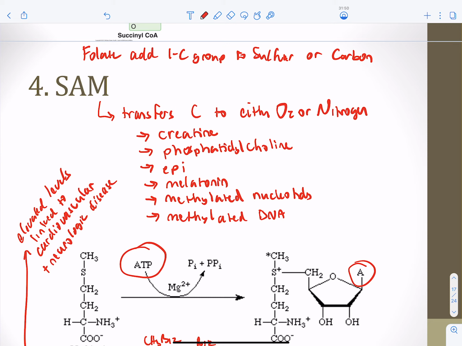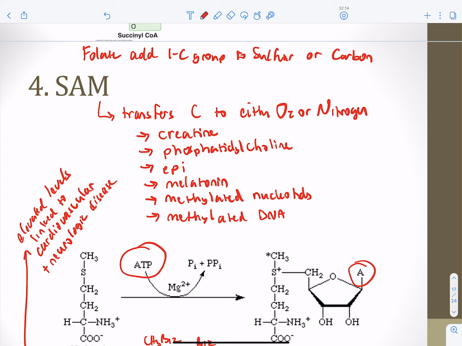So there are many reactions that require the methyl donation from SAM, and SAM is going to transfer its methyl group and then be rehydrolyzed to form homocysteine and adenosine. And so homocysteine is going to be coming from the methionine that is essential in the diet.